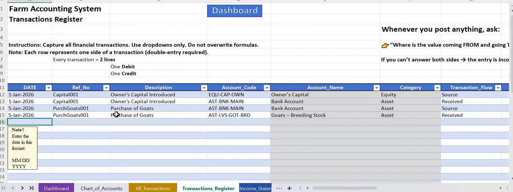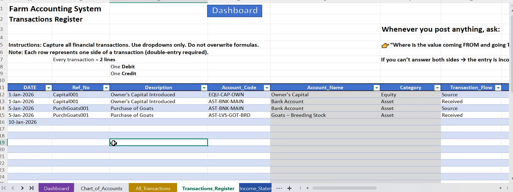So let's say maybe on the 10th of January, 2026, we decided to buy stock. Now, before we proceed, chances are that when you go to buy stock, you are also going to pay VAT, value added tax.